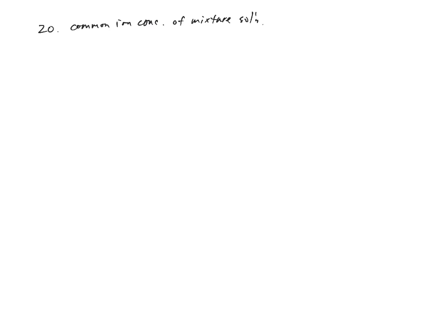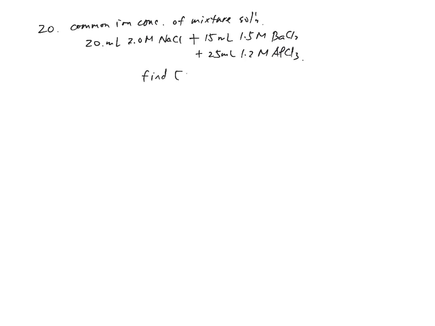So let's say you have 20 milliliter of 2 molar NaCl plus 15 milliliter of 1.5 molar BaCl2, then 25 milliliter of 1.2 molar AlCl3, and find the chloride concentration in the mixture. That type of calculation.